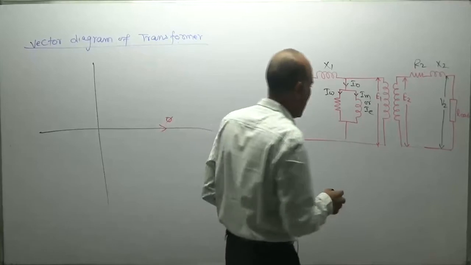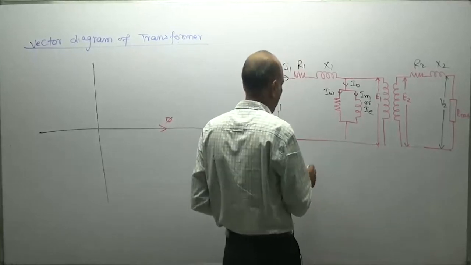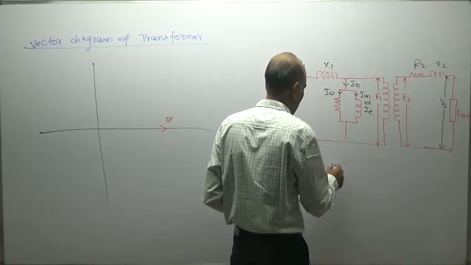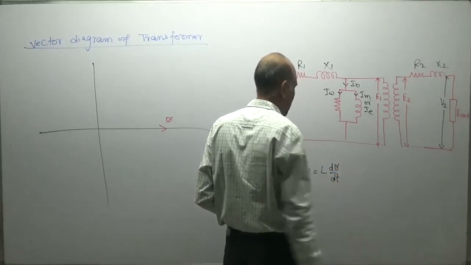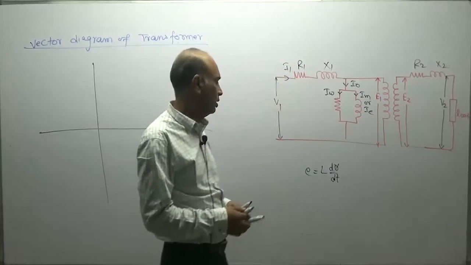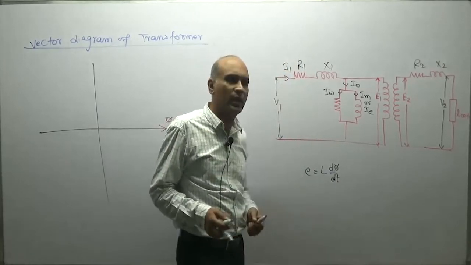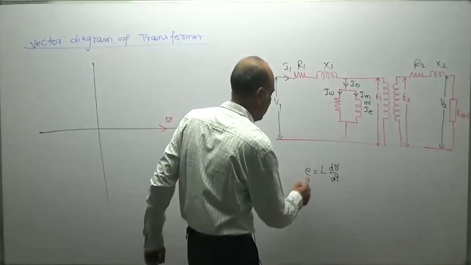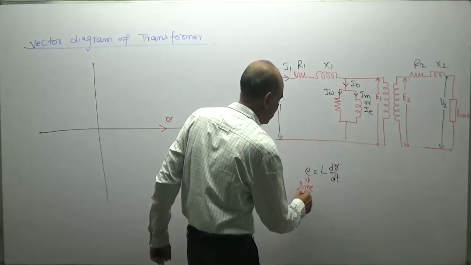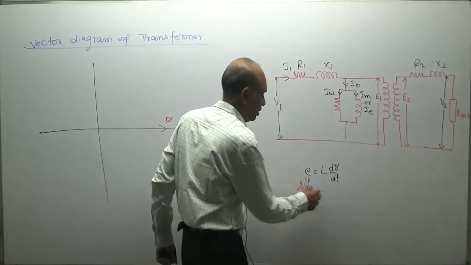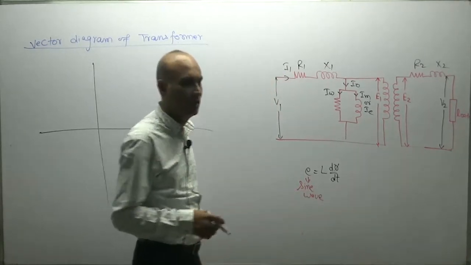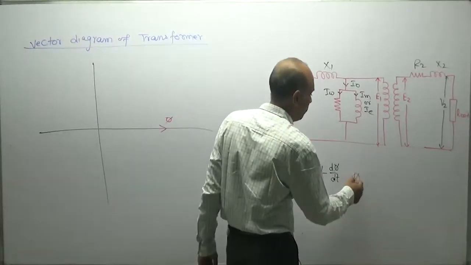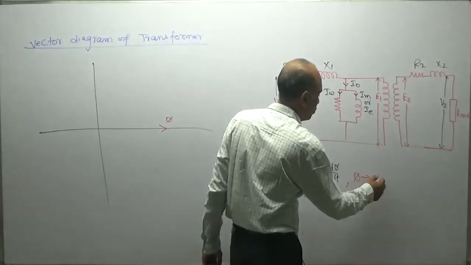Generally, you might have studied this formula. Here the applied voltage is a sine wave. Derivative of sine wave is cos, so that's why flux is cos.